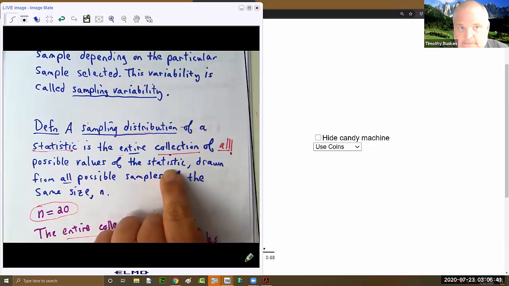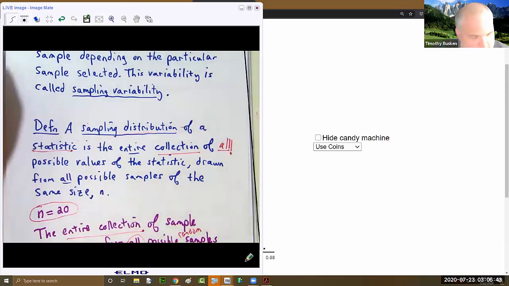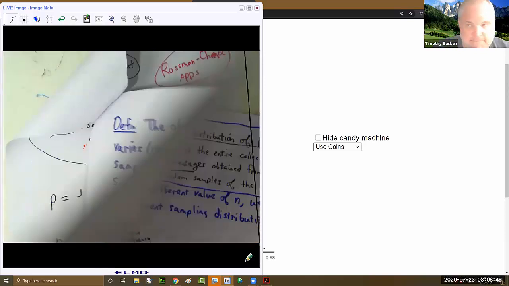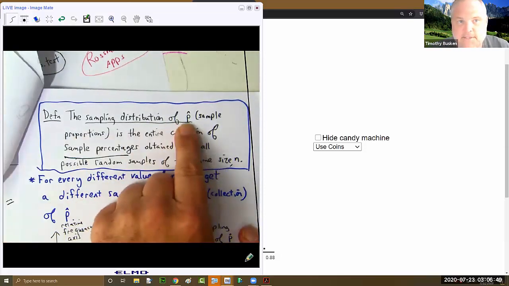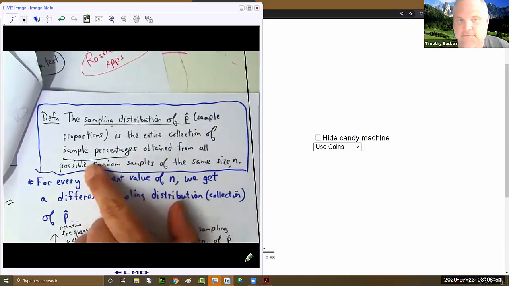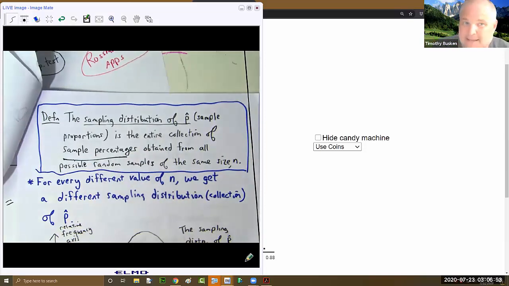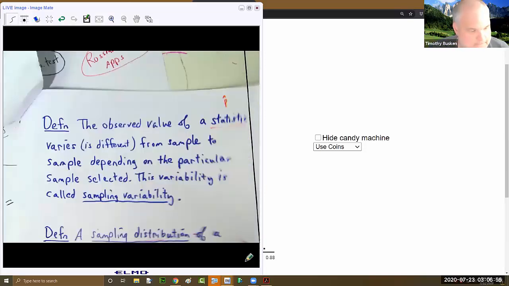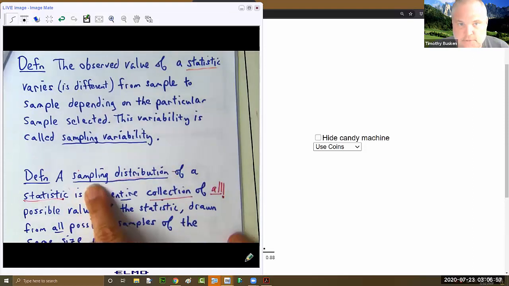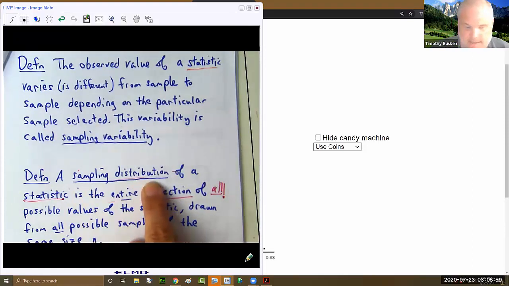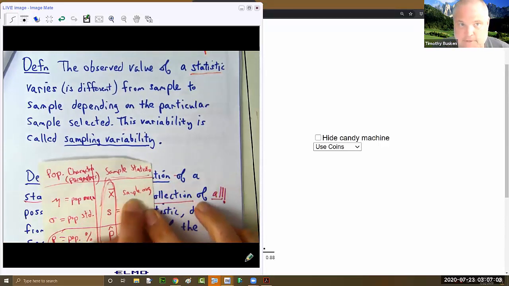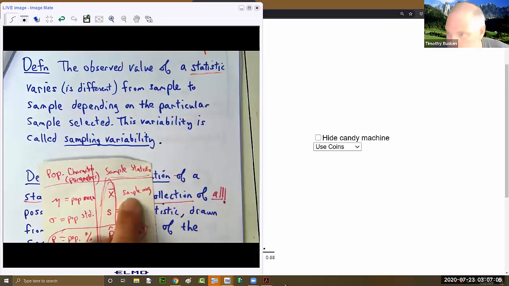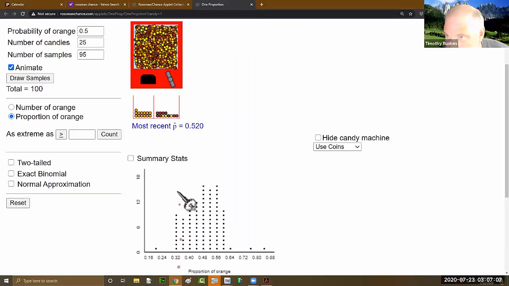So we are going to be working at first with the sampling distribution of p hat, the entire collection of sample percentages. But you can get a sampling distribution for a different statistic. X bar is the sample average. Okay? So if, for example, let's go back over here.